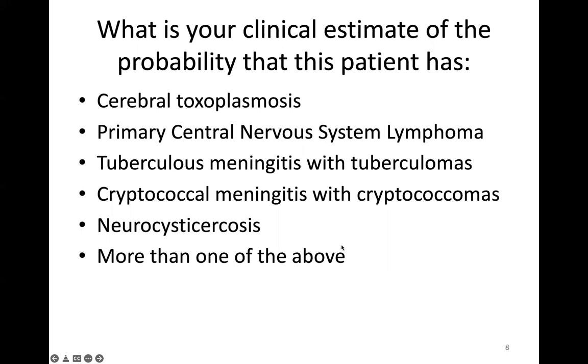I see Zipporah, you're also typing in that TB is always TB, tuberculosis, but that's fine. Neurocysticercosis, and then I think Dr. Tebe commented that at that CD4 count, the probability of having more than one condition is still there. So let's then go through some theory.